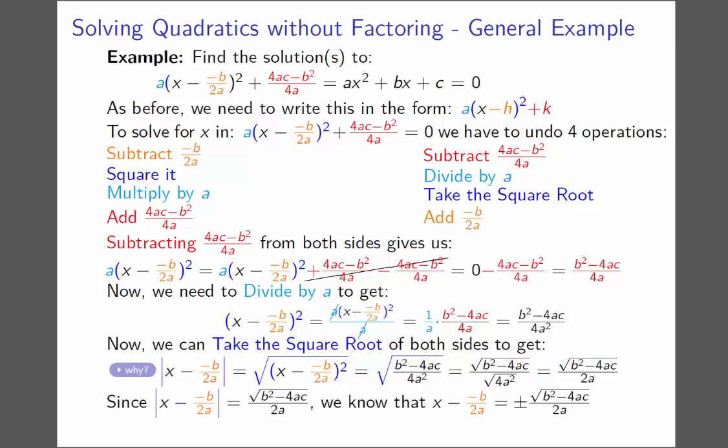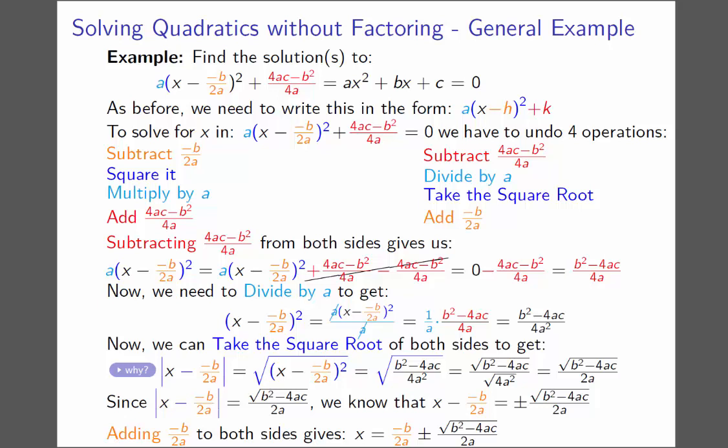But addressing the absolute value, we get that x minus negative b over 2a, the number inside the absolute value, has to either be plus or minus the square root of b squared minus 4ac all over 2a. And finally, to get just x, we need to add negative b over 2a to both sides.